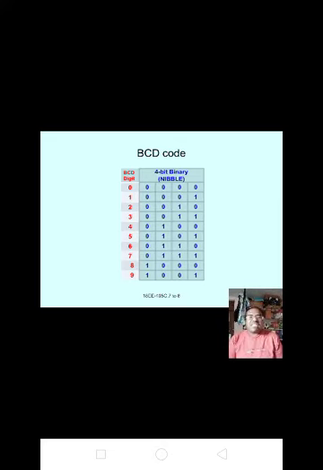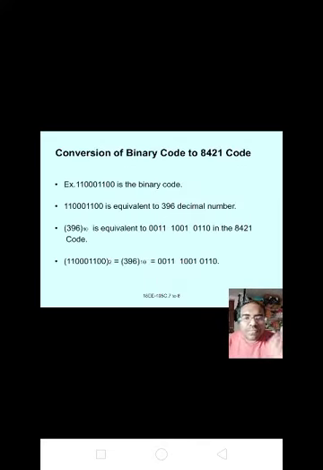Okay, that is the conversion of BCD code. Now conversion of binary code to 8421 code. We already learned BCD code to binary code. Here we are converting binary code to 8421 code.